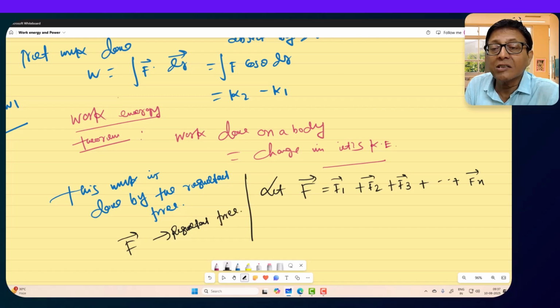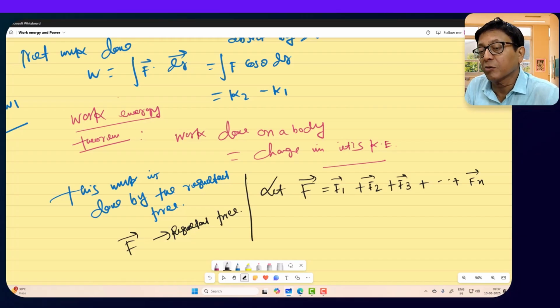F stands for resultant force. F1, F2, F3, Fn, these are all individual forces. So what expression do you get?